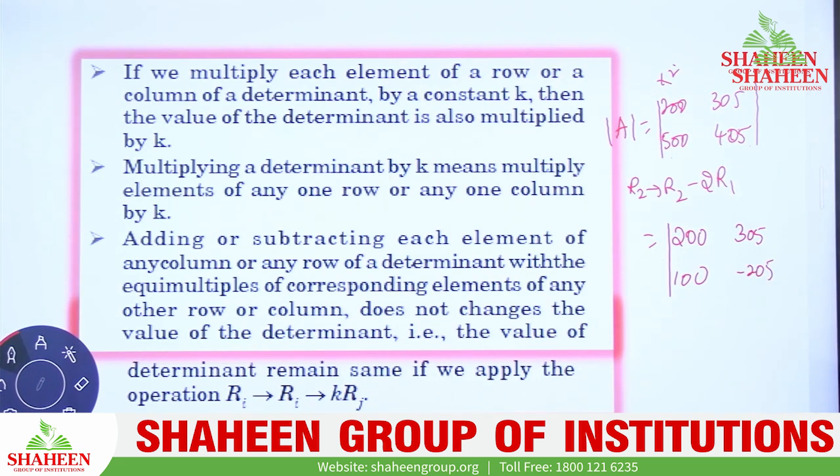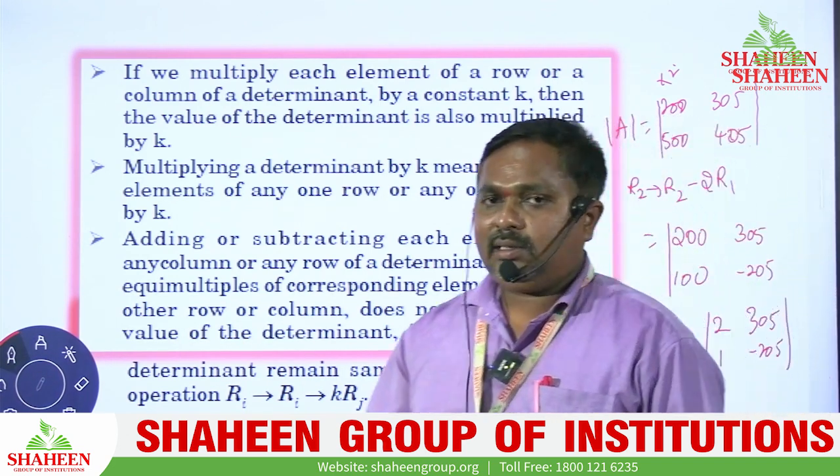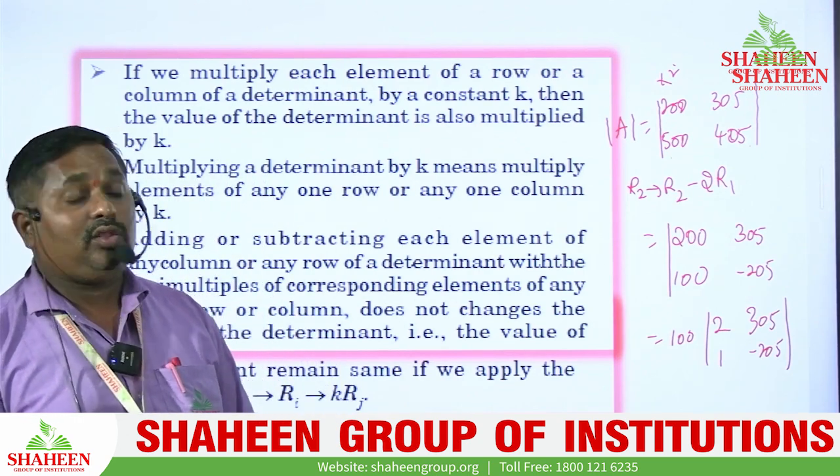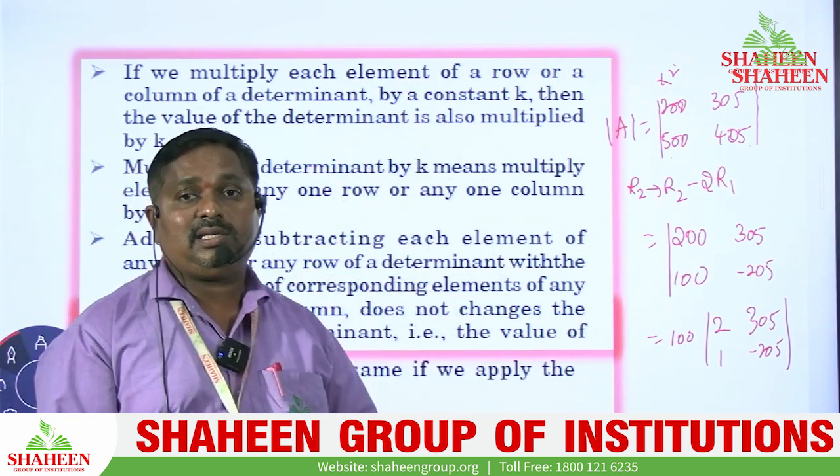ओके, तो फिर यहाँ से हम लोग फर्स्ट कॉलम में देखिए, फर्स्ट कॉलम में 100 कॉमन लेंगे तो ये होगा 2 305, 1 माइनस 205. अगर इसको क्रॉस मल्टीप्लाई करेंगे एंड सिंप्लीफाई करेंगे, we will get the determinant easily. तो डायरेक्ट जो आंसर आता है इसका भी आंसर वही मिलेगा अपने को.